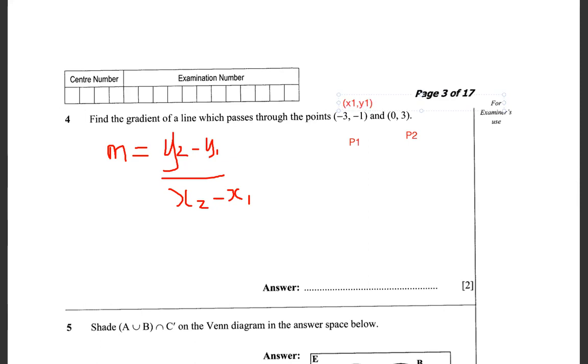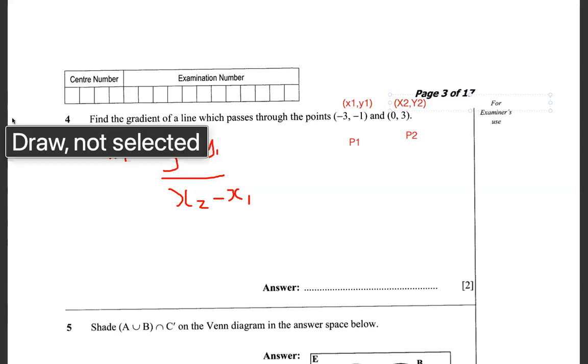The number that comes first represents the x value, the number that comes later represents the y value. So because this is point 2, then this will be x2 comma y2.